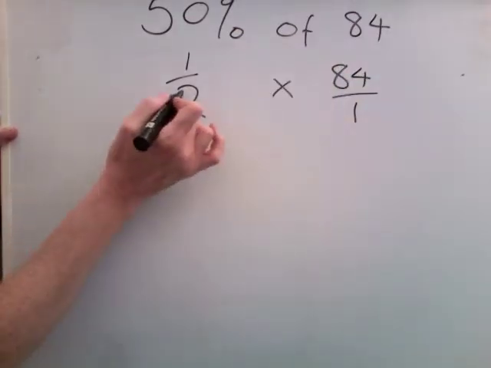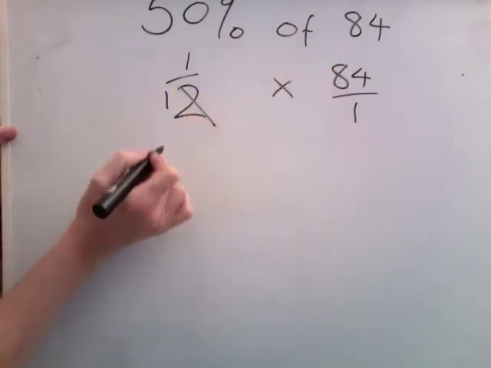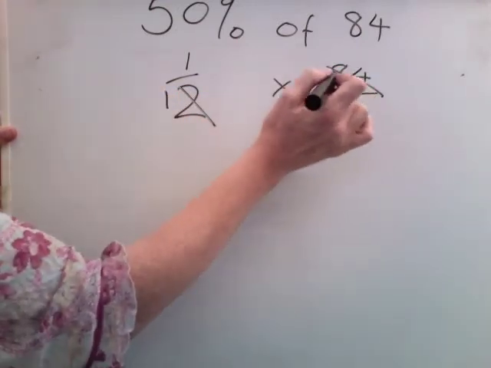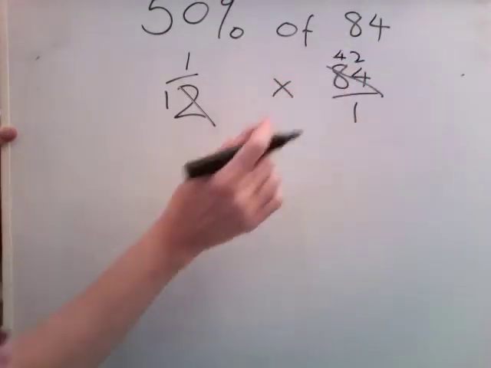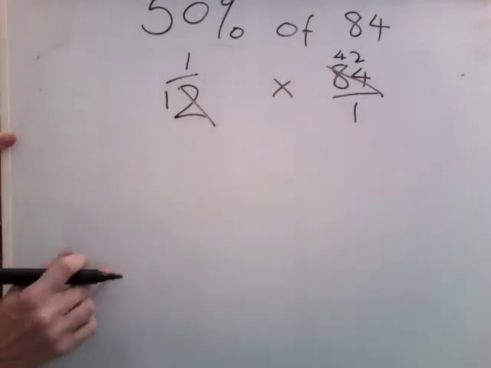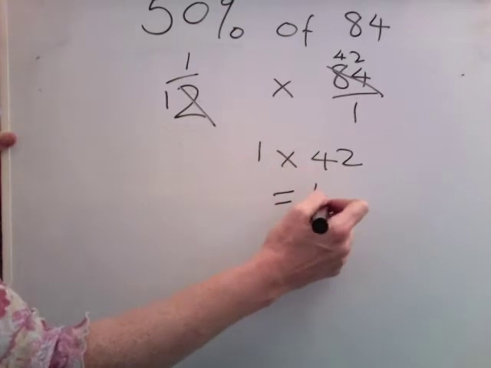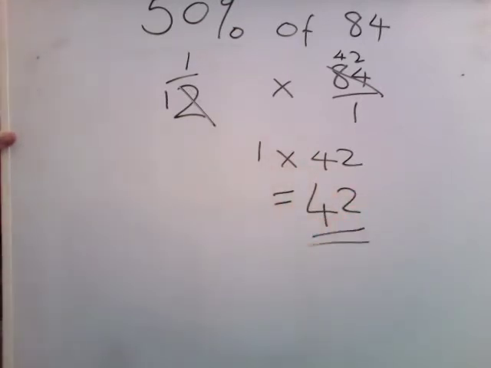I can cross cancel between these two numbers. So 2 divided by 2 is 1, 84 divided by 2 is 42. And I'm left with 1 over 1 times 42 over 1, which is the same as 1 times 42, which is, of course, 42.